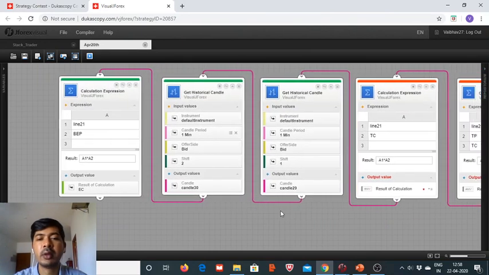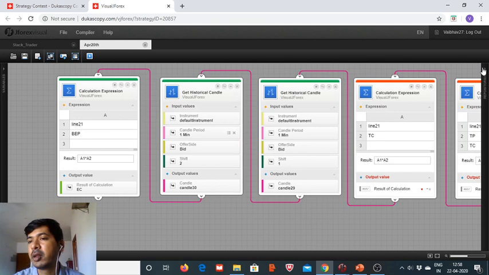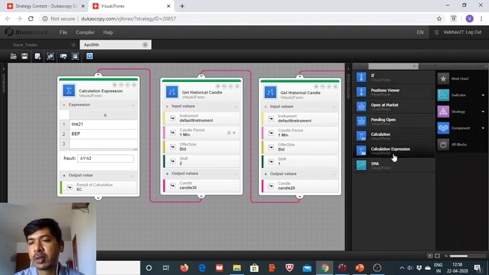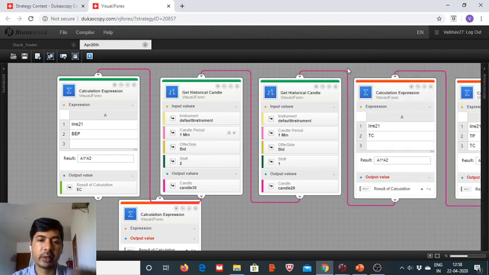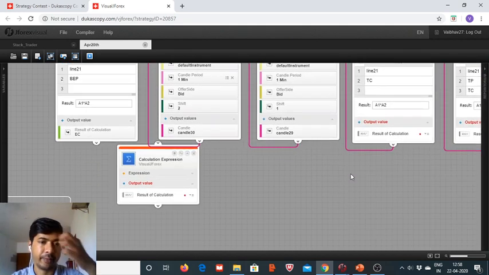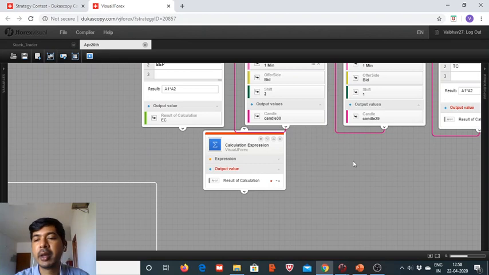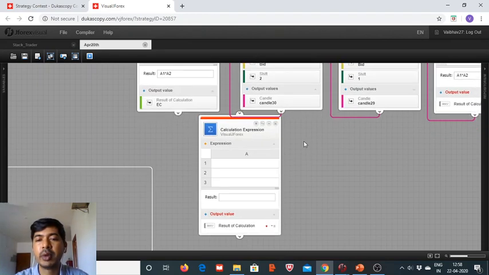Now we need to bring in further calculation expression, and here we will define the buy and the sell side entry points.